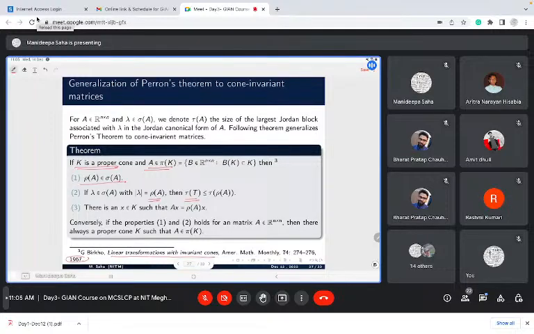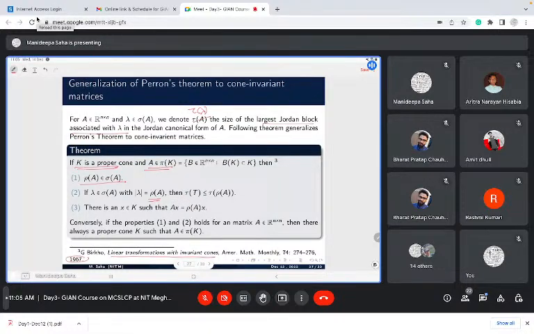Oh sorry, this should be A, not T. So tau(A) is the size of the largest Jordan block associated with lambda. I haven't written it correctly on the slide; it should be tau of A. So this is the size of the largest Jordan block with respect to lambda.